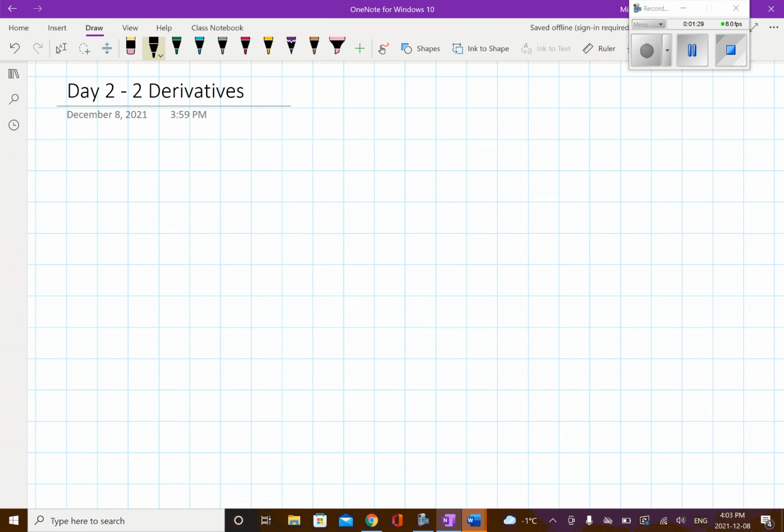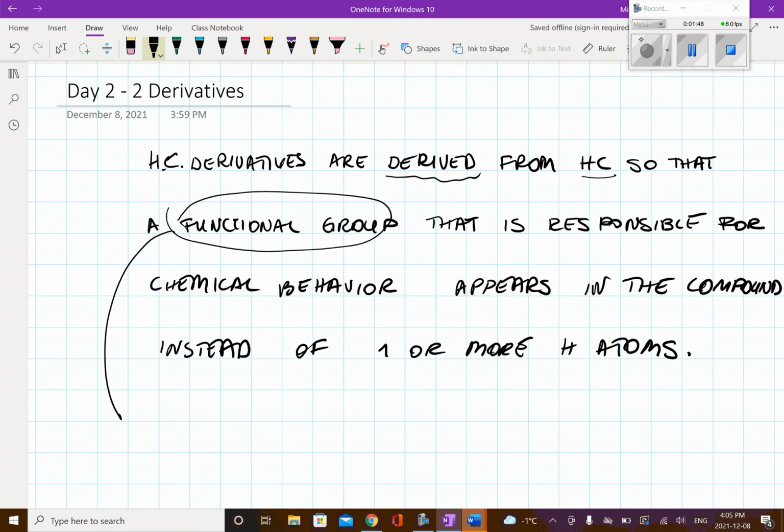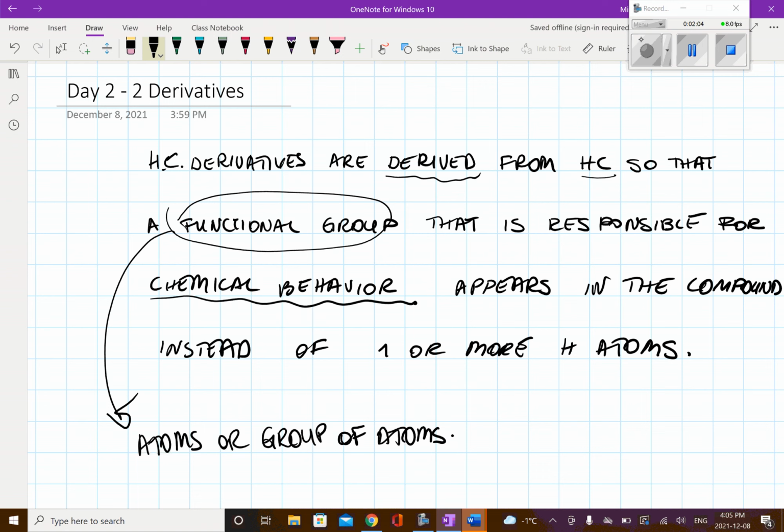I will write this down and then show it to you. Hydrocarbon derivatives are very similar to the hydrocarbon, but with a functional group, which is nothing but an atom or group of atoms responsible for the chemical behavior, appearing in the compound instead of one or more hydrogen atoms.